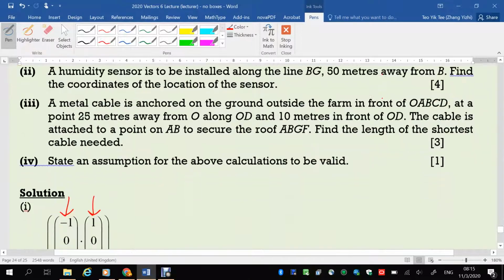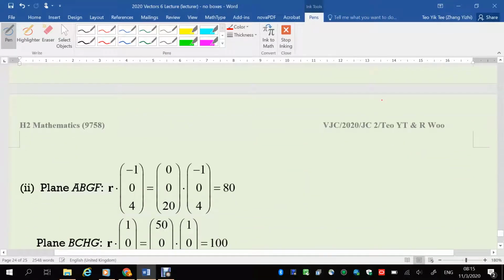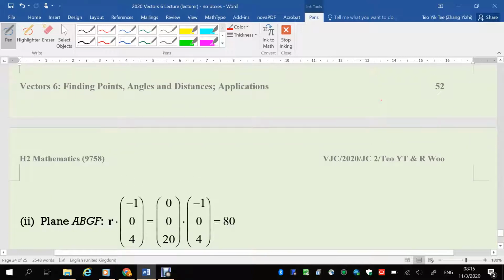So the first thing you need to realize is that this is an intersection of two planes question. You need to write down the equation of the first plane first: r dot n is equal to a dot n.